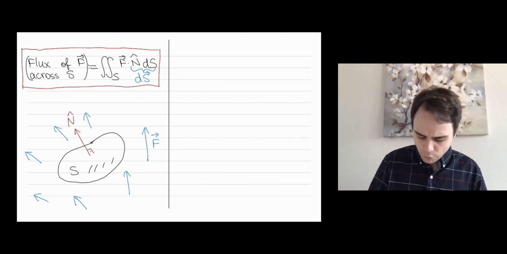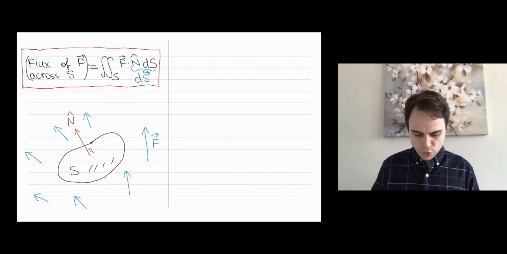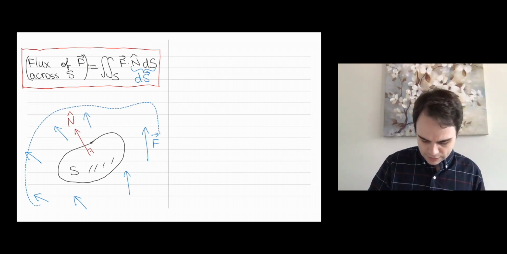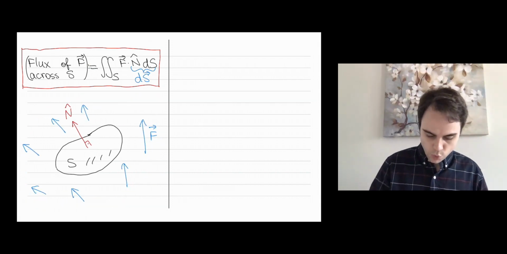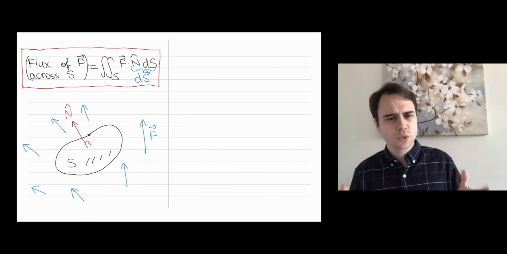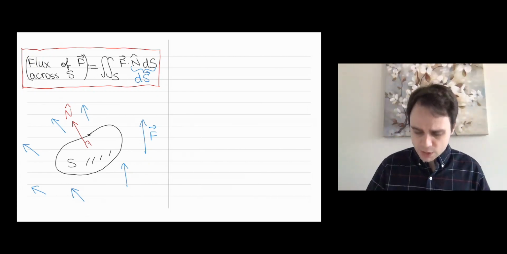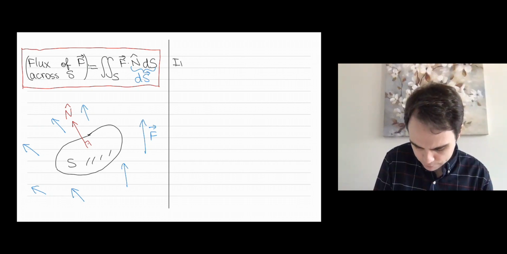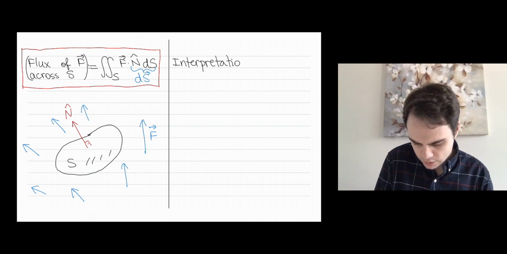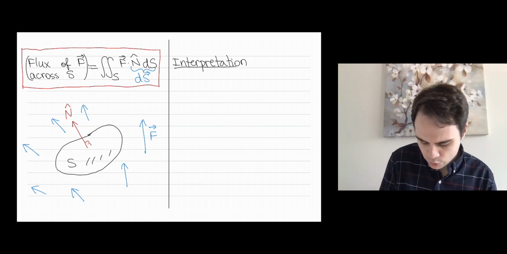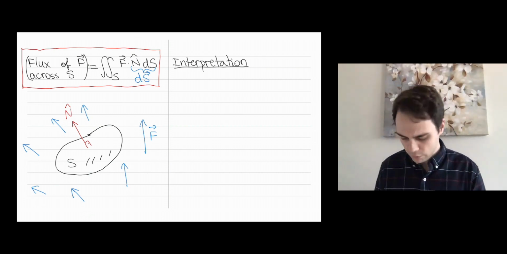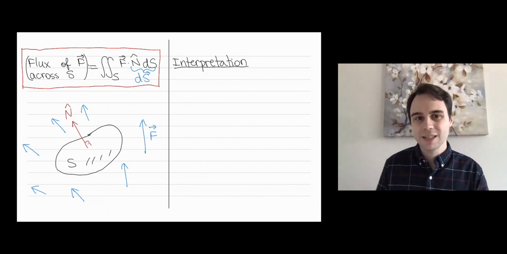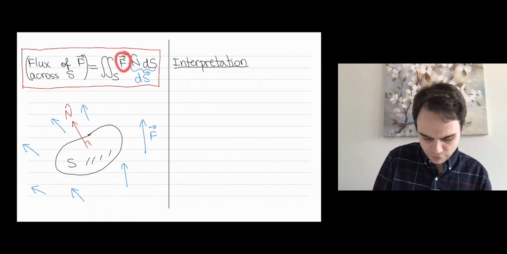But before we do a computation that we don't really understand, without an interpretation for it, let me just quickly tell you the interpretation, because we've already talked about flux, and this time it's going to be the same. So the interpretation is I'm going to draw from our experience, let's look at what happens in the situation where F is the velocity field of a fluid.